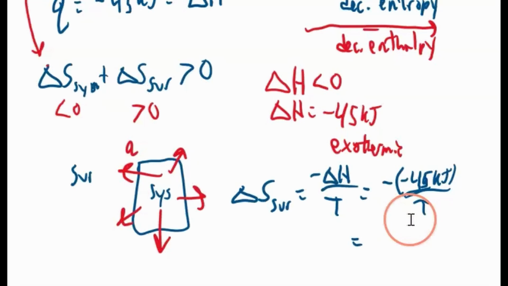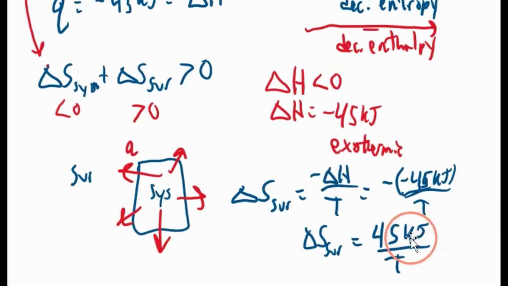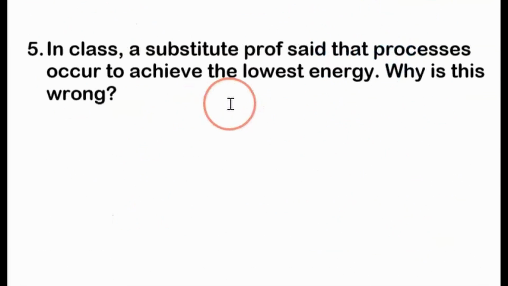Temperature is always positive because it's in Kelvin. So our change in entropy of the surroundings will be 45 kilojoules over the temperature. Depending on the temperature, we could calculate what this is, but this is positive, and it has to be more positive than the system term is negative, so that the sum of them is greater than 0. Okay, I hope that was helpful.